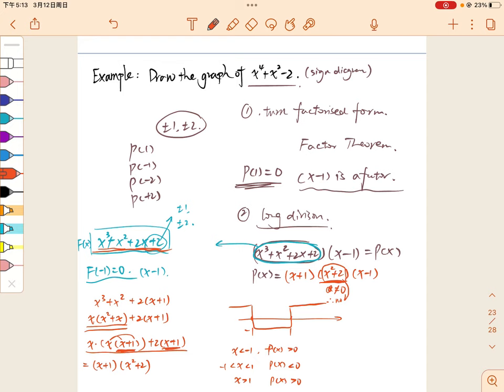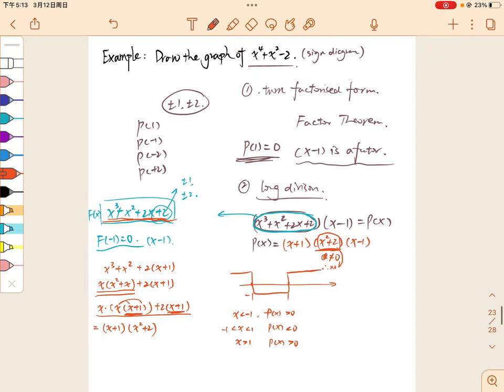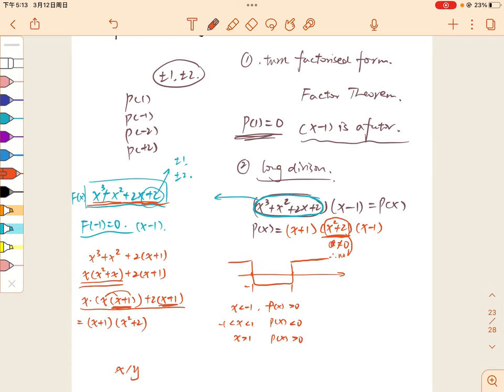So for a quartic function, or say for any higher degree polynomial functions, find out the x and y intercepts first. That's definitely the first step. So using the factor theorem to find all your x intercepts and x equal to 0 to find your y intercept.